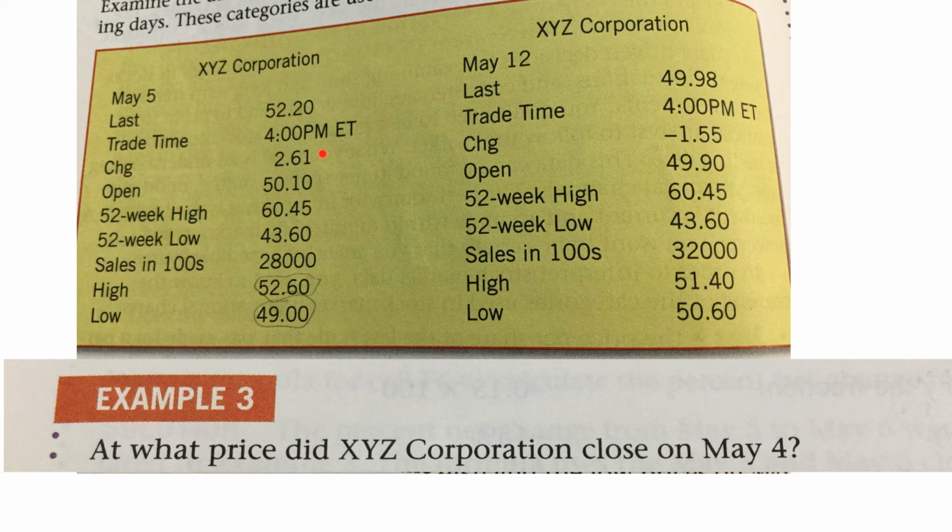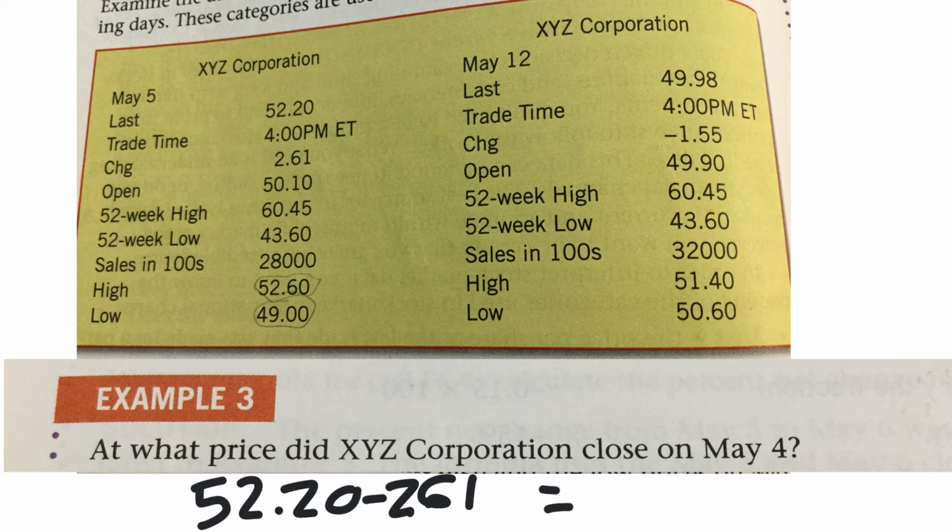So I would subtract 2.61 to find what it was the previous day. So 52.20 minus 2.61 is 49.59. Good.